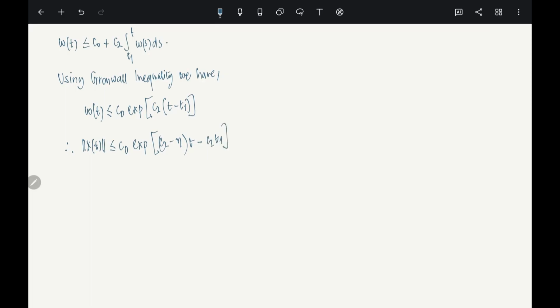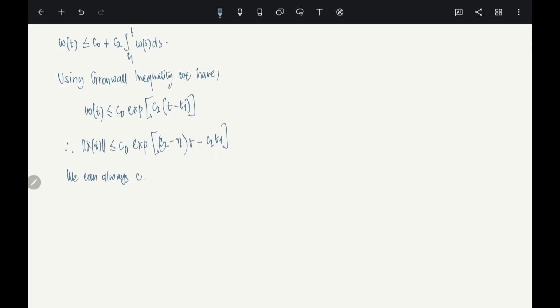Clear? Now, of course, you can see that as t tends to infinity, C2 minus eta, okay, see this C2, yeah, is C c1. We can always choose C, I again did some mistake somewhere, one second. This is, yeah, I think it's okay, no? C2 is okay, yeah, it's okay.